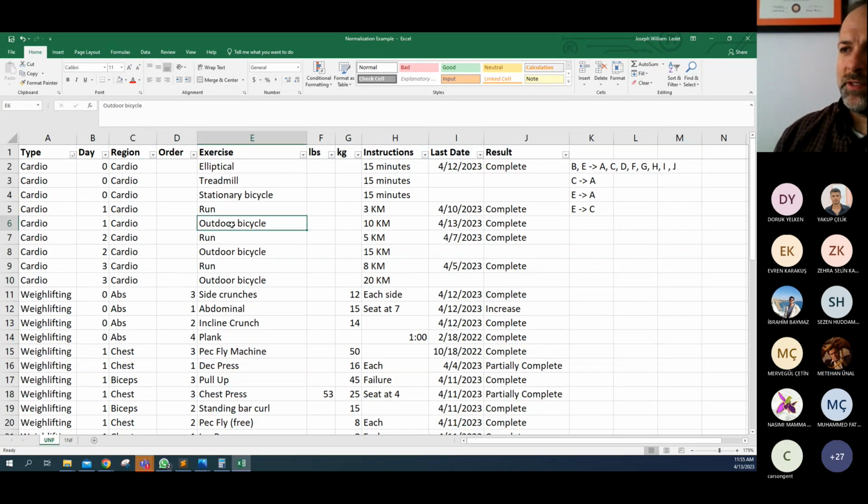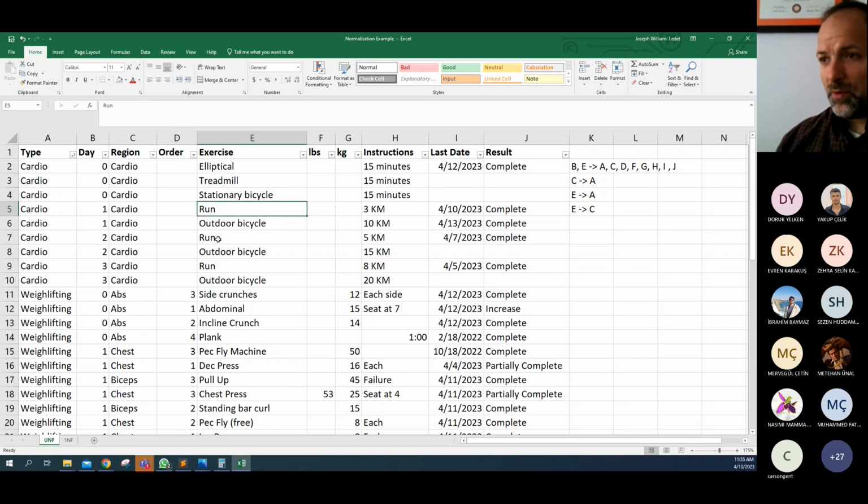Well, every time I have outdoor bicycle, D is null. Every time I have run, D is null, right? So every value of E results in the same value of D. Right? Every exercise value has the same order. So stationary bike, so run.